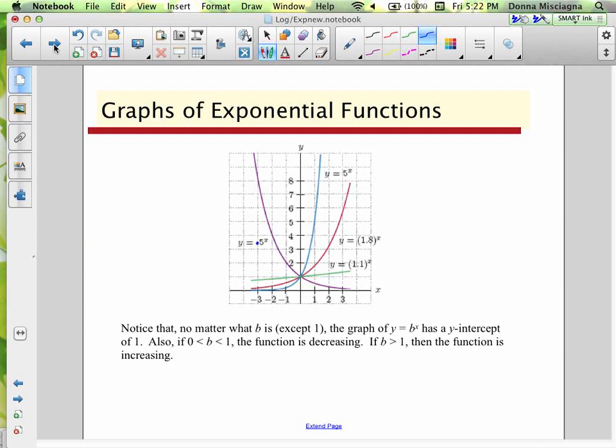With the exception of 0, you can't raise 0 to the 0 power. And also, if your base is greater than 1, your function's increasing. If your base is between 0 and 1, your function is decreasing. So we have one there that's decreasing with a base of 0.5, 5/10, and everybody else is increasing. Although one of them is increasing very, very slowly.